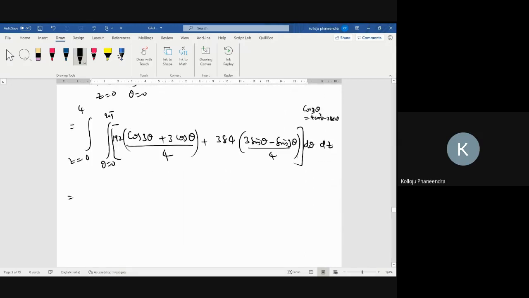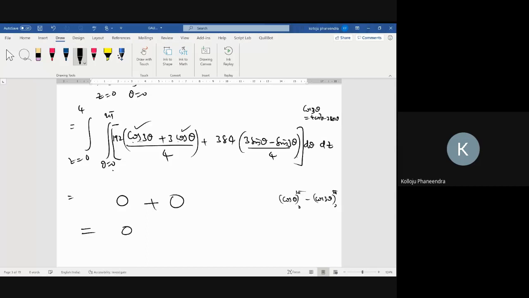Now, the integration of cosine is sine between 0 to 2 pi. What is the value? 0. And the integration of sine is minus cosine, and here also cos 3 theta, between 0 to 2 pi. It is positive only, so this also gives 0.